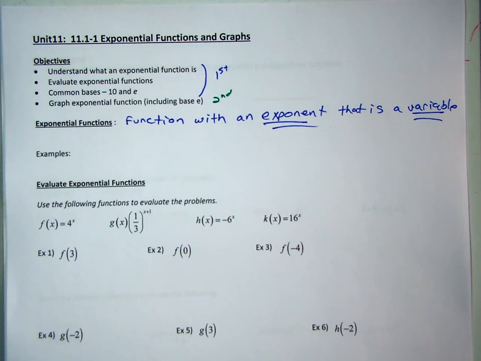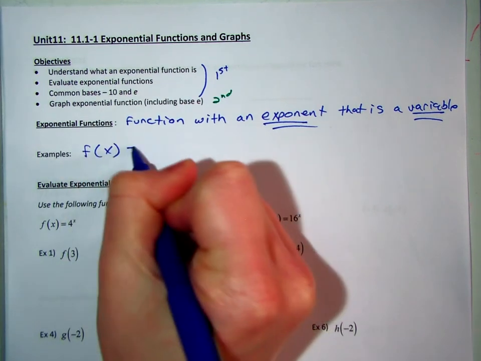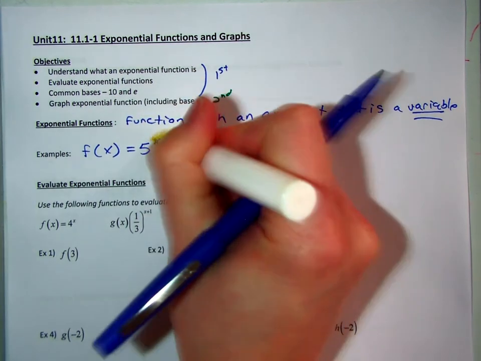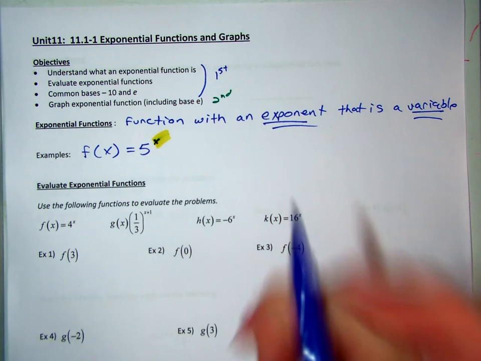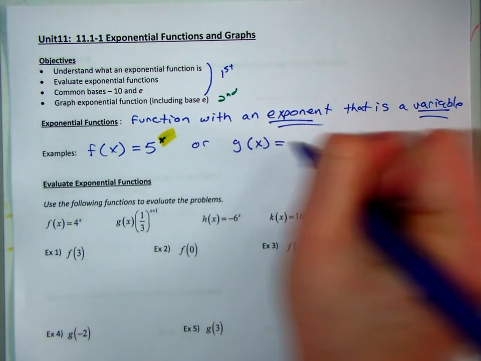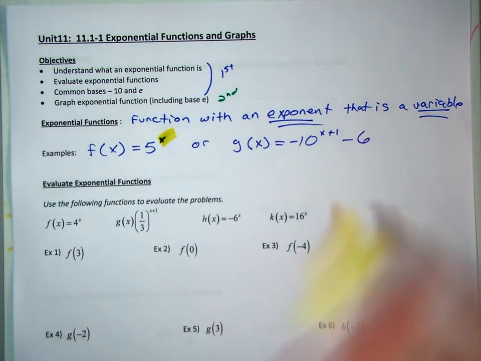An example of an exponential function is f of x equals 5 to the x power, because again, in this case, my exponent is a variable. It is x. Or it could be something like g of x equals negative 10 to the x plus 1 minus 6, because again, my exponent is a variable.